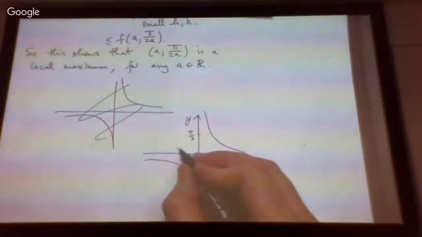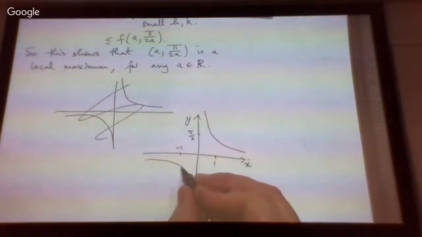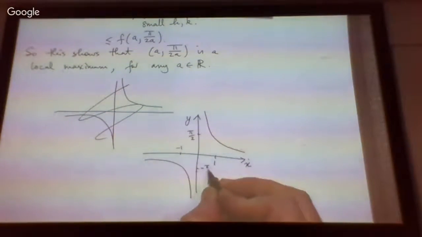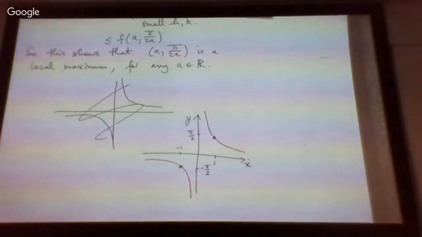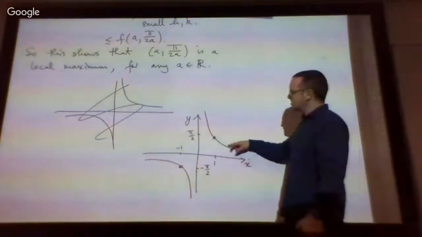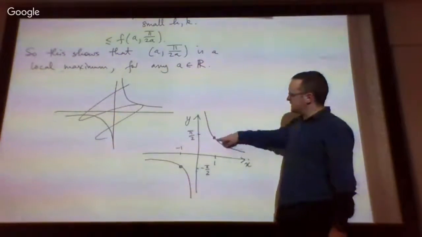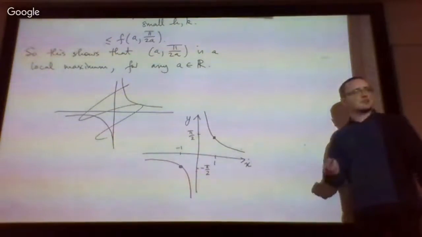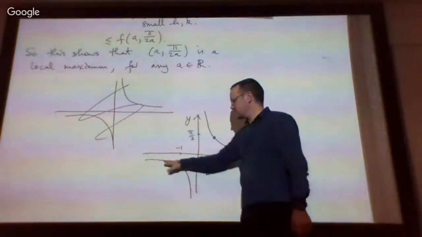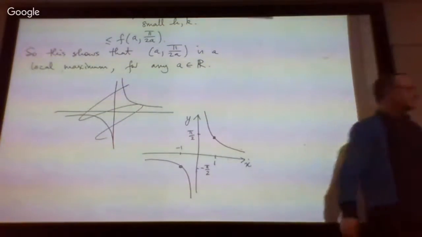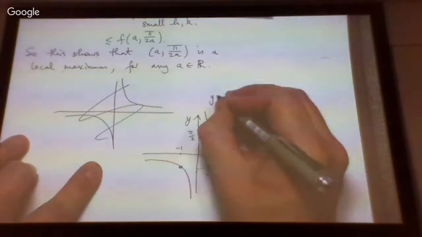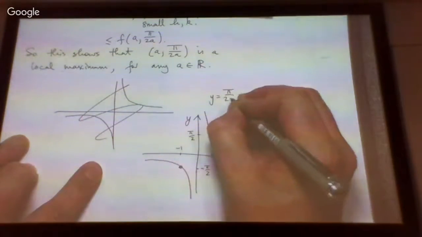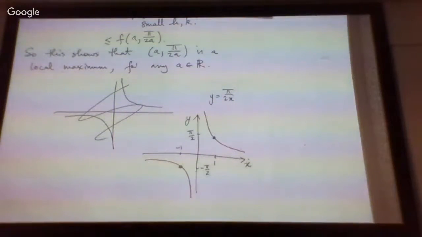When x is minus 1, y is minus π/2. That's what the curve looks like. So what we're saying is that all the points on this curve are local maximums on the surface, and the same for this curve here, because this is a two-branched curve. So this is the curve y equals π/2x. That's the curve shown in red there.